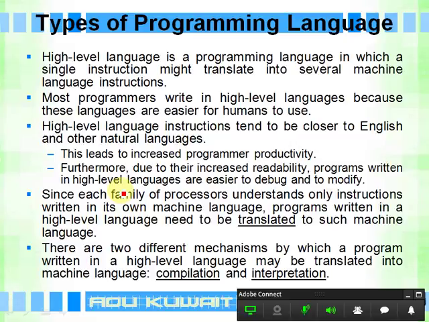The machine cannot understand high level language, and the computer will not execute it. So it also has to be translated into machine language. There are two ways in which high level language is converted into machine language. Those are compilation and interpretation.